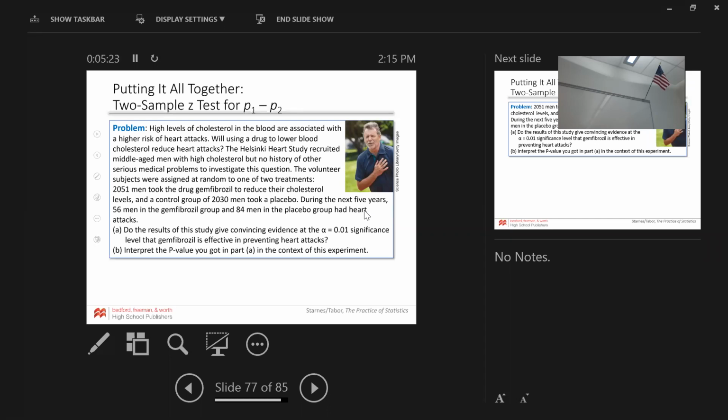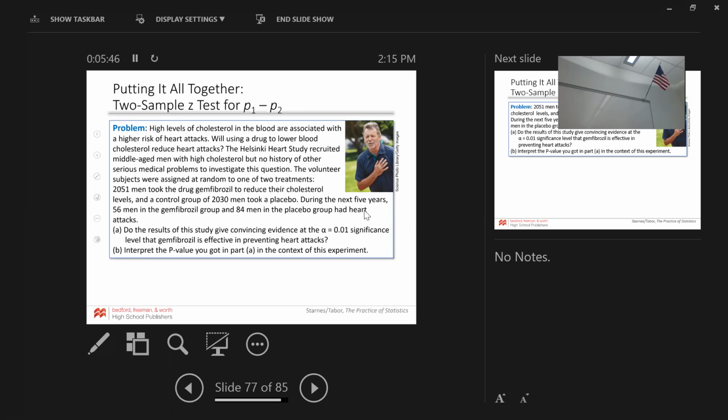So the null is the proportion of heart attacks between the treatment and the placebo is 0, the difference in the two. The alternate is, ready? Do the results give convincing evidence at the 1% significance level? Why?